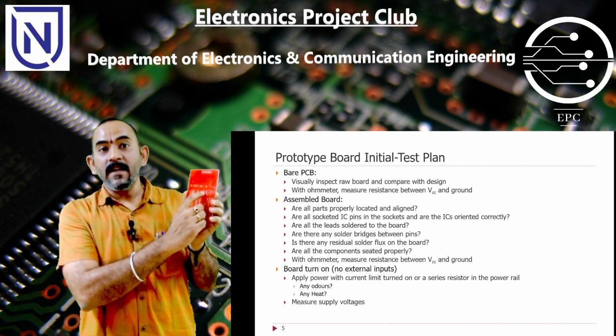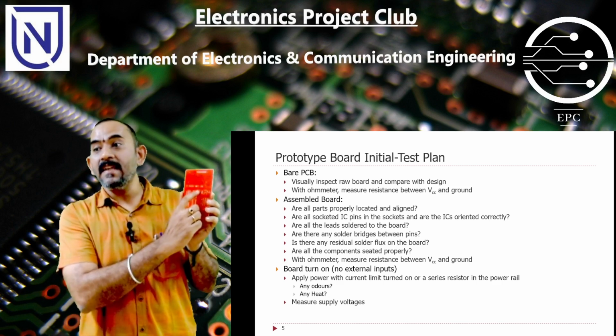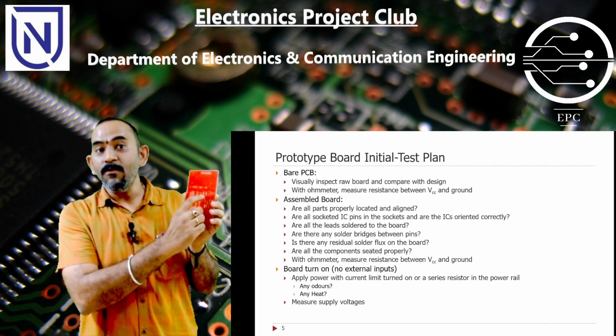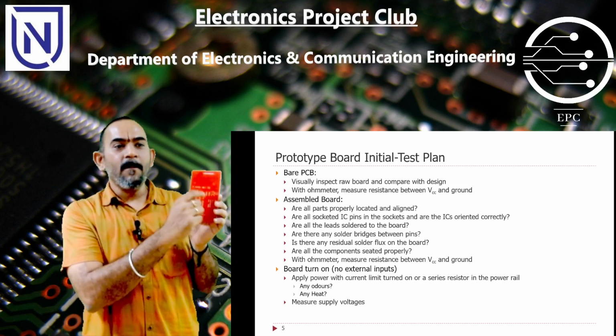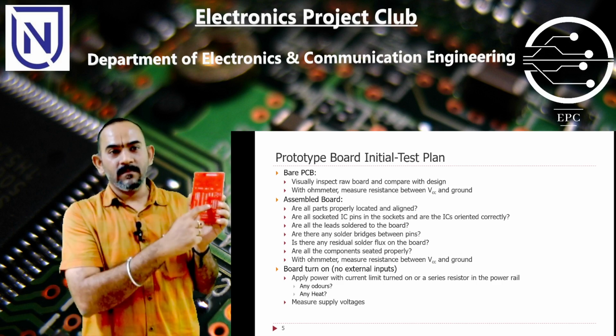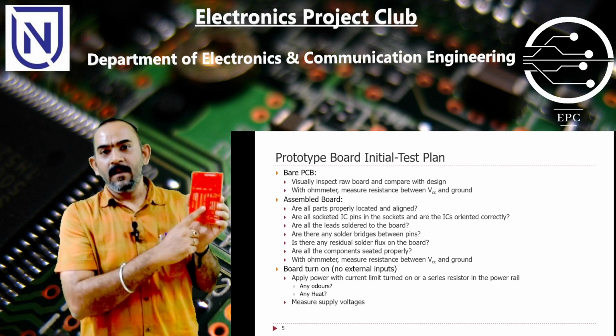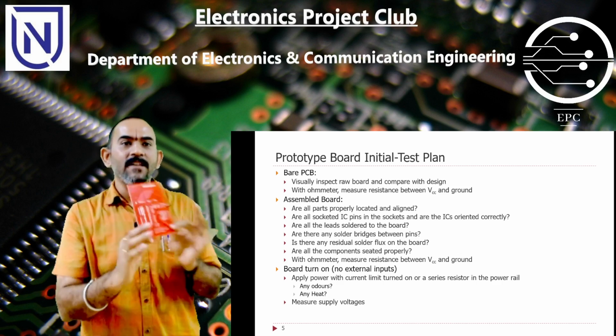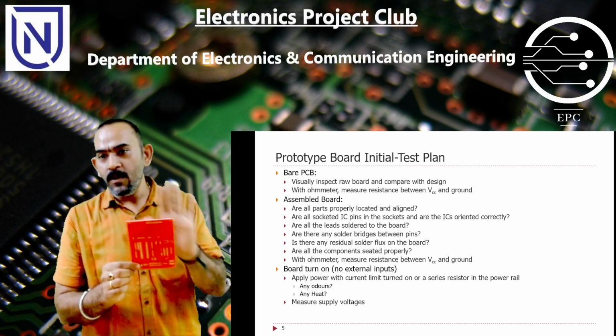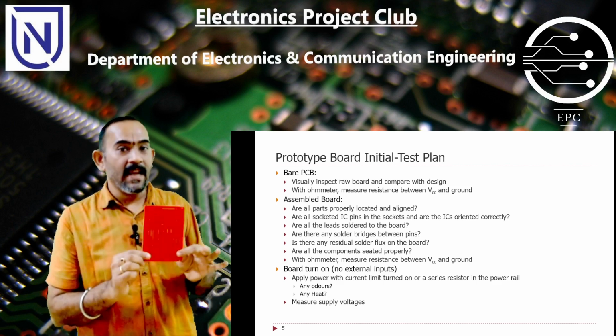What is the problem with that? That silk screen is an insulating material. Now if you try to solder there, your component cannot get soldered to the board. So this is a problem. That is why even the bare board has to be inspected to see there are no problems. This is what is required.